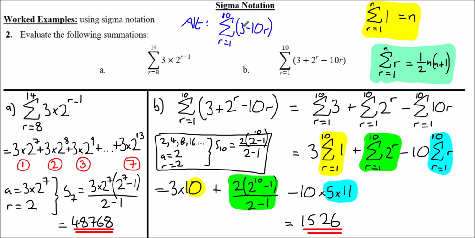That would have made you an arithmetic series to work out. Then you could have just done from r being 1 to 10, 2 to the r. So you could have worked this out as an arithmetic series to sum, and this is a geometric one. And you would have got the same result as well, 1526. Again, just quickly, I'll show you how to check these on a Classwiz.